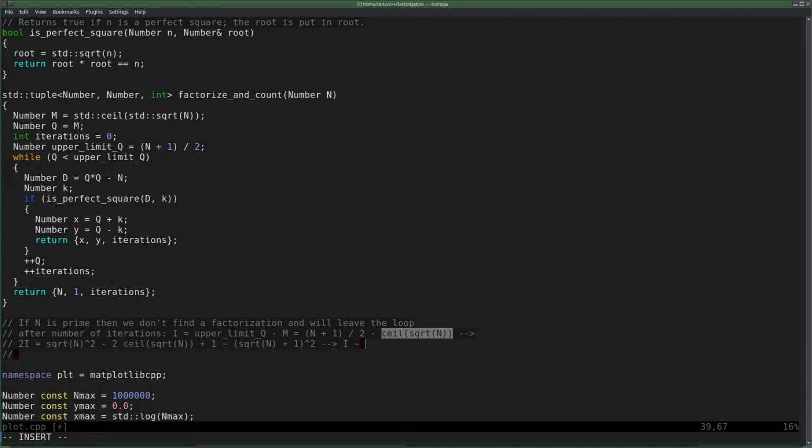So I is more or less, yeah, I can't make anything else of it. It's n divided by 2. But for small n, it's different. But then I don't know, nothing to do here, I think.